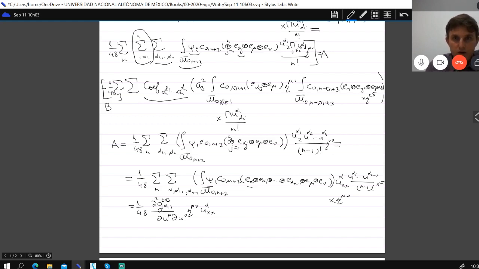But the second bracket does not depend on a. So I suggest to change this bracket and put it here. This is the same, of course.